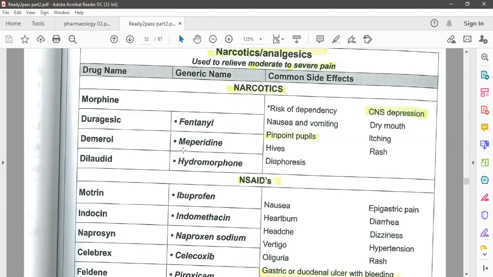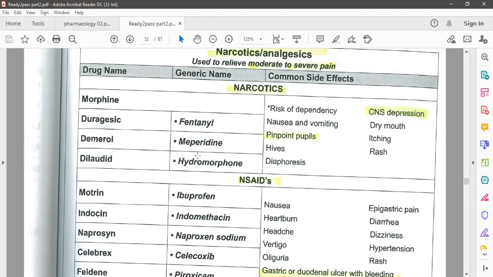The key point about meperidine: labor should be well established if you use meperidine during labor, and also the mom's cervix should be at least 4 centimeters dilated prior to administration of meperidine.